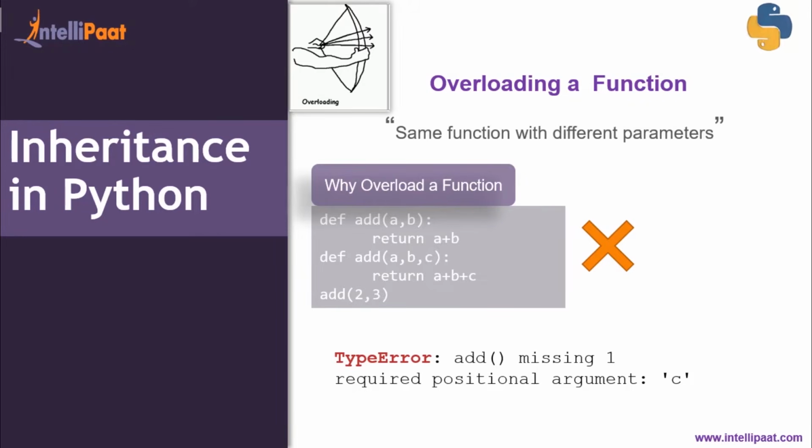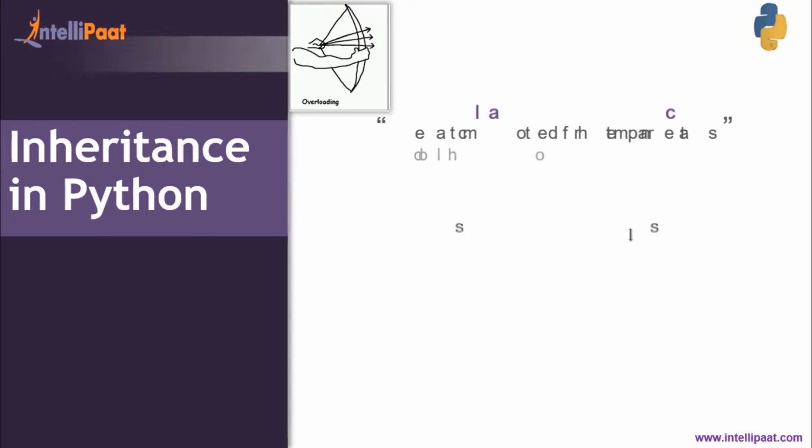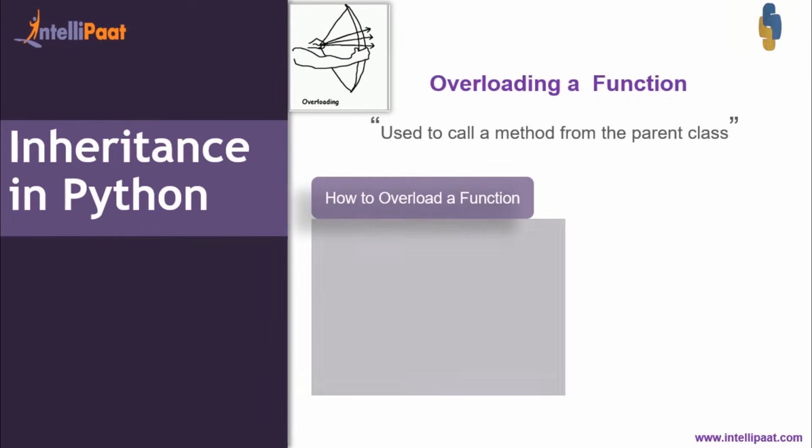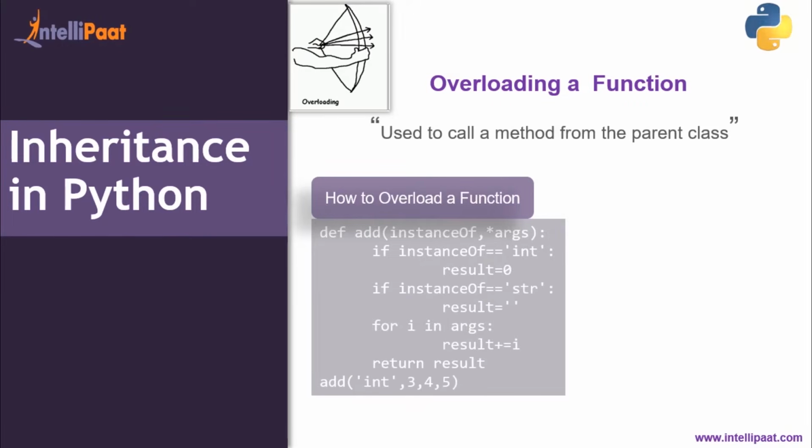Now let's see how overloading resolves this issue. We are defining a method add, and inside that we are passing two parameters: first is instance of, and next is the argument. First we check if instance of equals int.